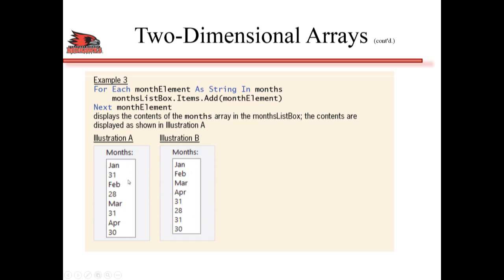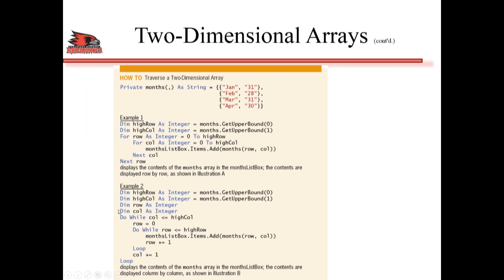Here after the month name there's the number of days. So it's not listing as an array, it's rather listing row by row. In an array it was January, then 31, February 28, March 31, like that. But since you cannot do that in a list box, you have to do it like this.